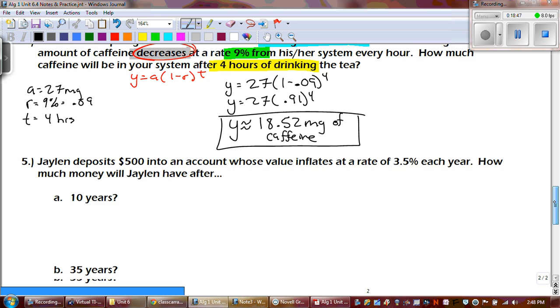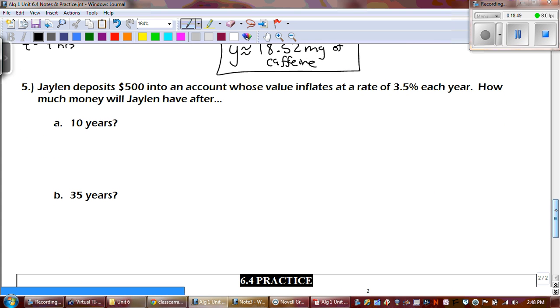All right, last one. It says Jalen deposits $500 into an account whose value inflates. That's a keyword. We said deposits 3.5% each year. How much money will Jalen have after... growth or decay? Good. Growth. So let's go straight into our equation. We know that we're starting with $500. 1 plus 3.5.